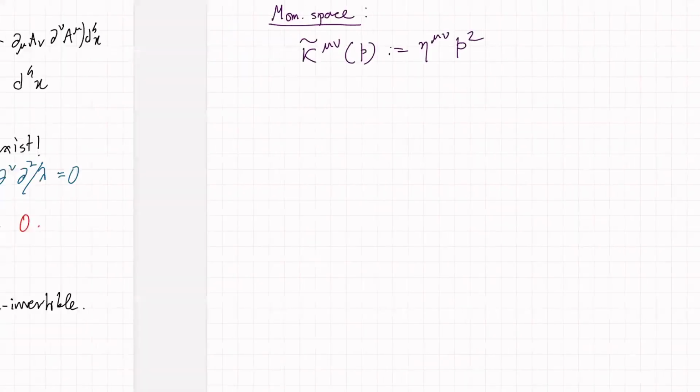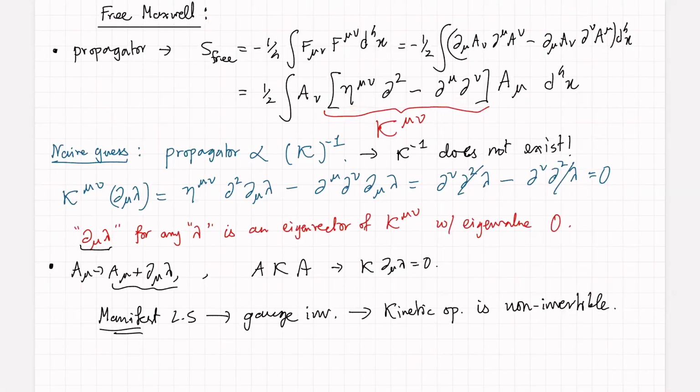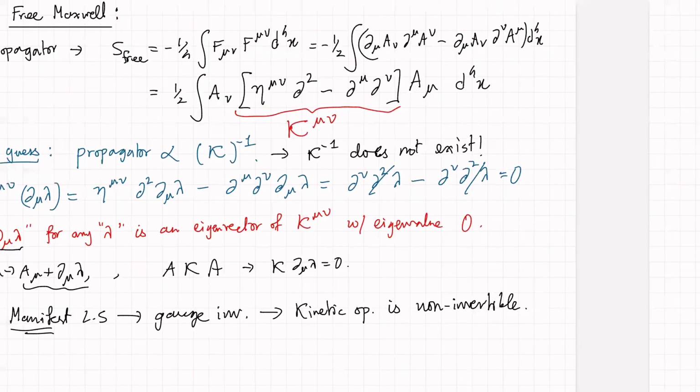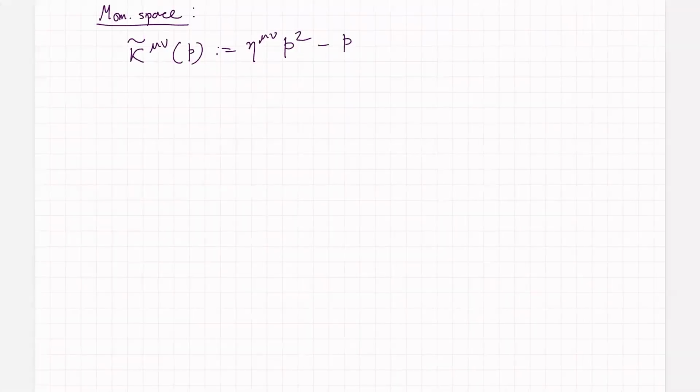Let me just put a tilde: k mu nu as a function of momentum p, and this will be eta mu nu p squared. Remember, it was eta mu nu del squared, and there were two derivatives here. Don't worry about the i's because they will not play the most important role.